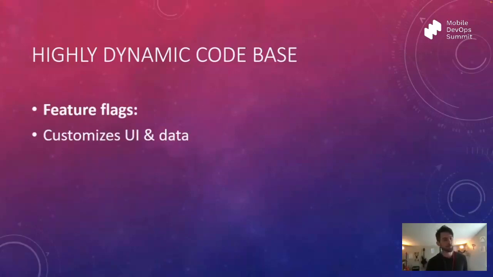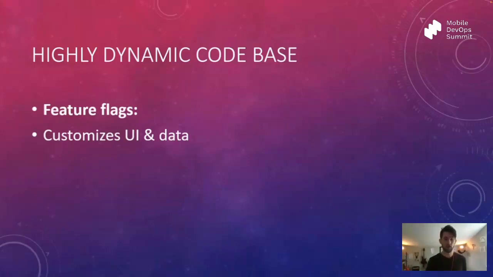Feature flags also customize the UI, but they can also deal with changing the data that actually comes into the app. For example, we recently migrated from one monolithic backend into a bunch of microservices for all of our data.